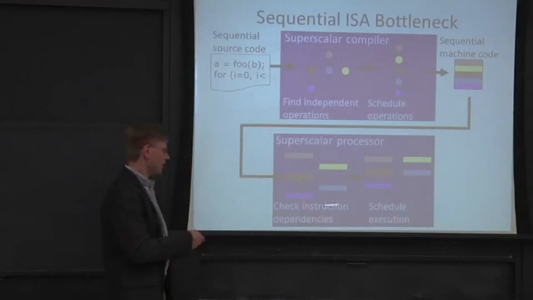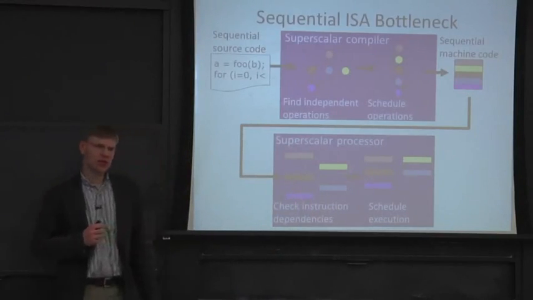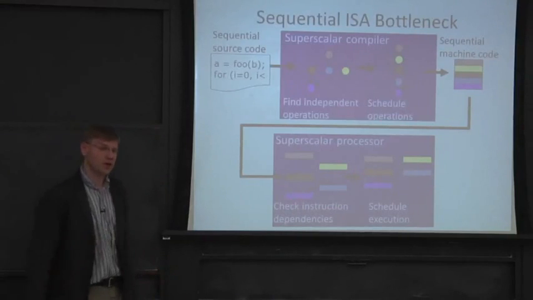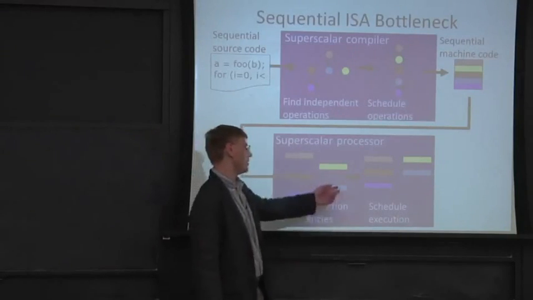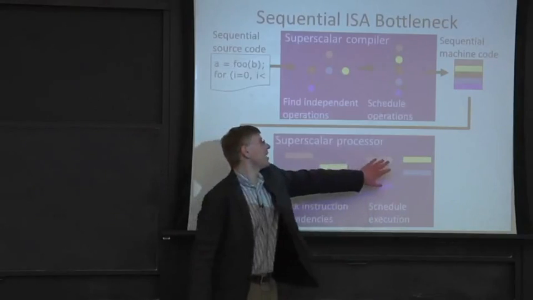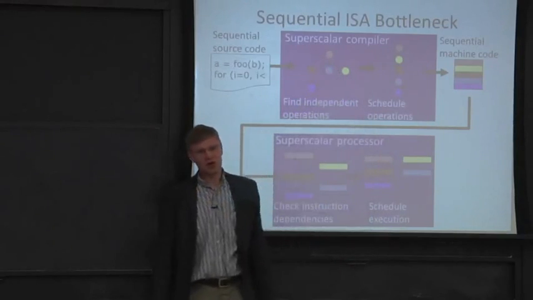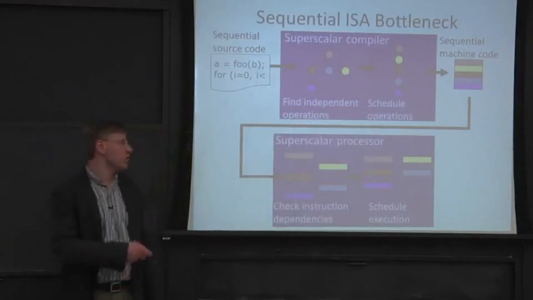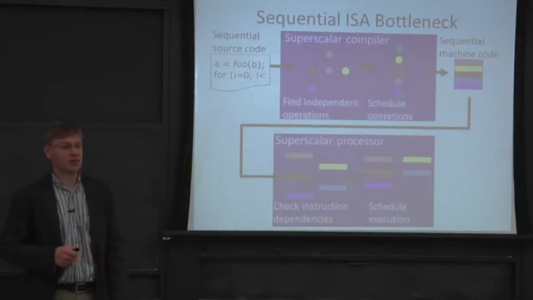And hopefully, if our superscalar processor is fancy, we have some register renaming where we can break the other dependencies also, the write after write and write after read dependencies, and come up with a high-performance schedule. Now, there's no guarantee that this schedule is what the compiler would have done if it was smarter, or if it could somehow express parallelism across this interface.